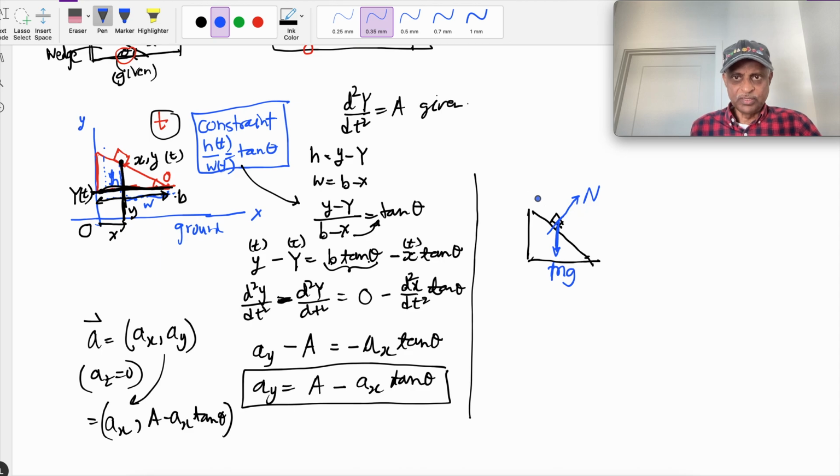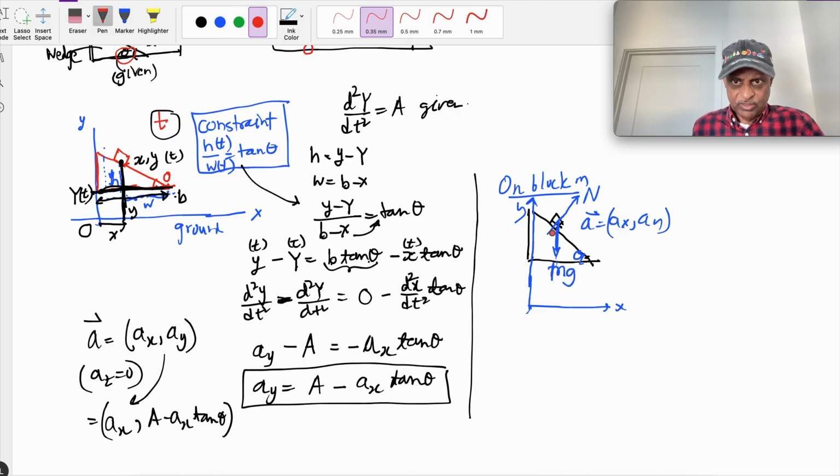These are two forces on the block of mass m, and the acceleration is ax, ay, and this is theta, and this direction is y, and this direction is x.